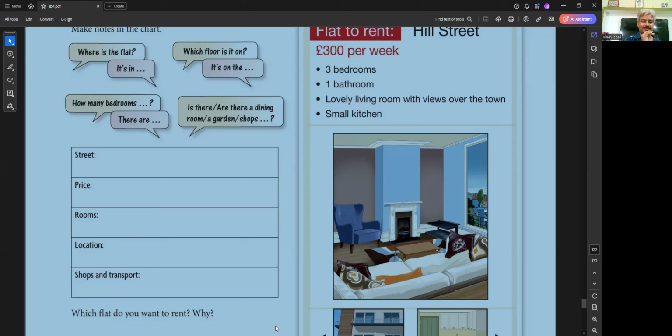The flat's on the 2nd floor. In the living room, there are 2 sofas and an armchair. There are a lot of pictures on the wall. There's a carpet in front of the fire, and there's a TV and a DVD player. There's a table in front of the sofa.